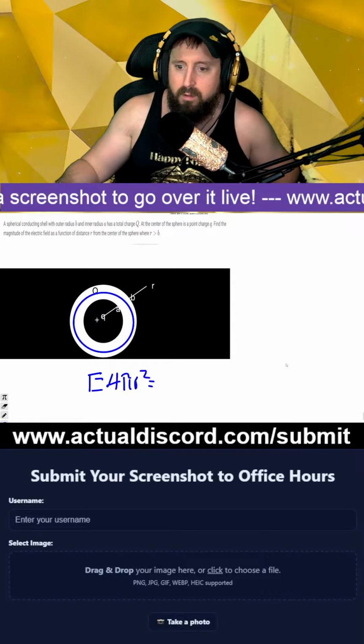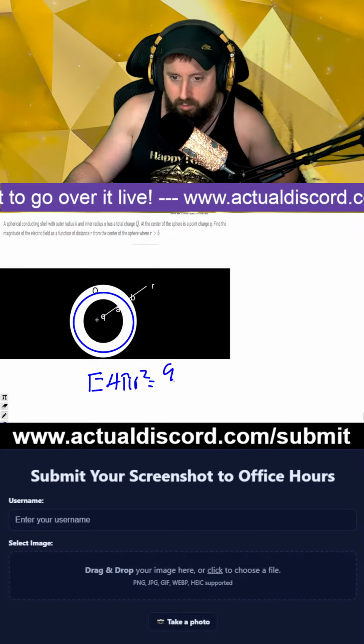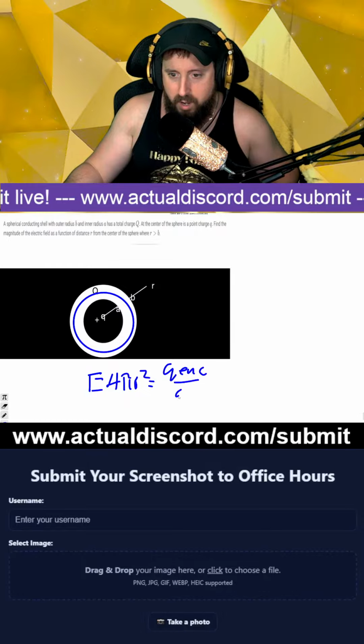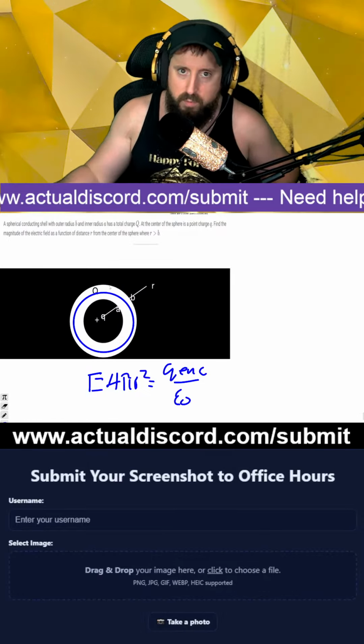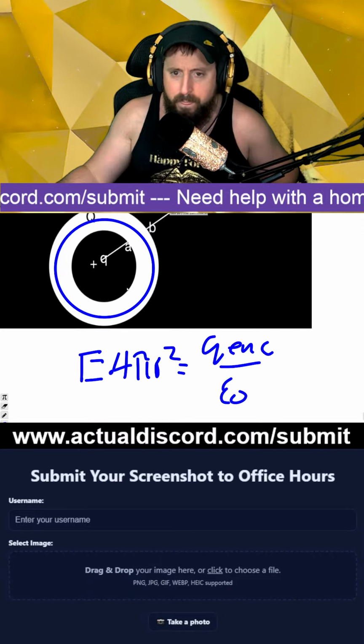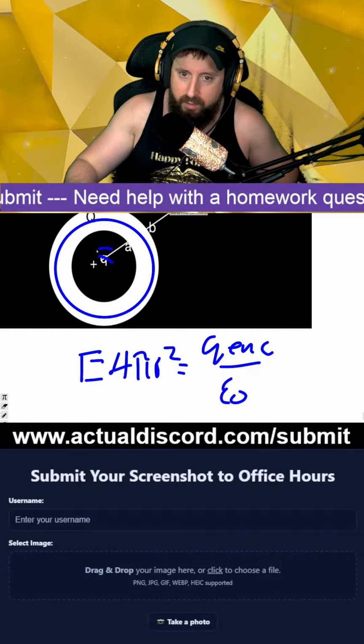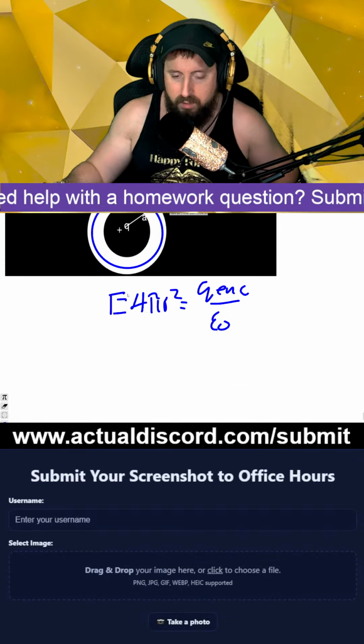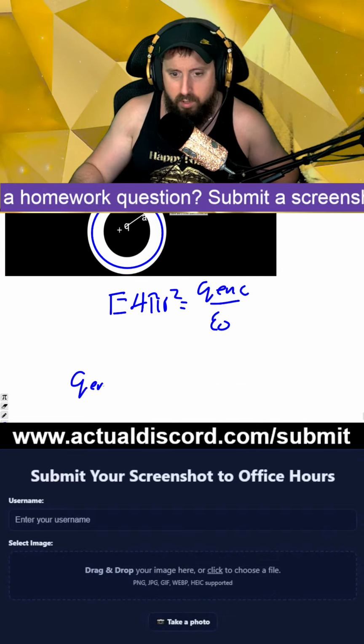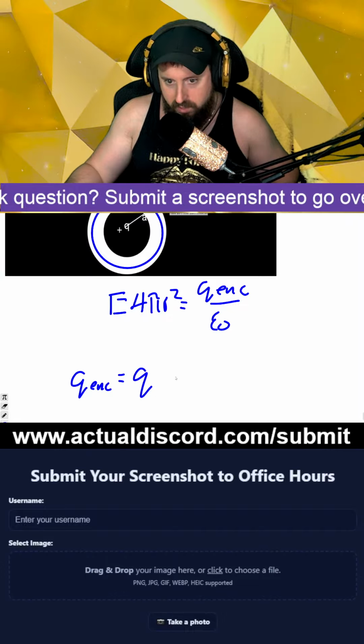Okay. E times 4 pi r squared is equal to Q enclosed over epsilon naught. So we have to deal with what Q is being enclosed here. You definitely have the positive little q being enclosed, so Q enclosed definitely equals little q at least.